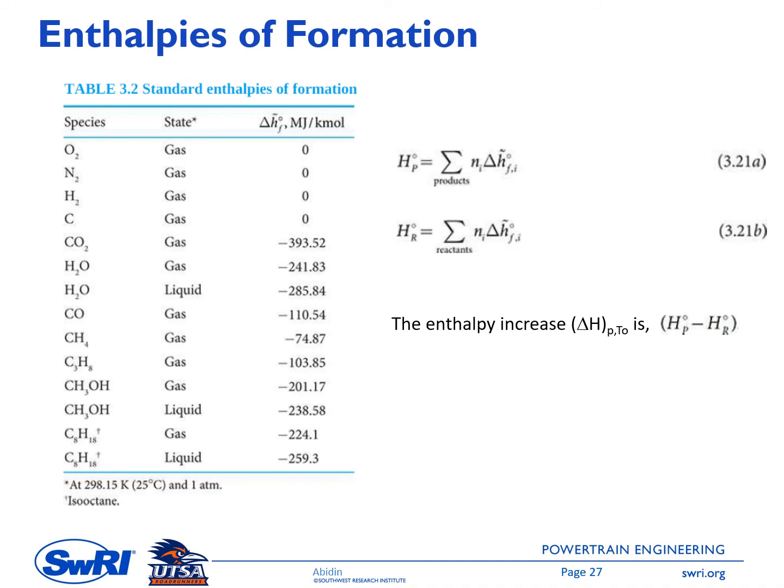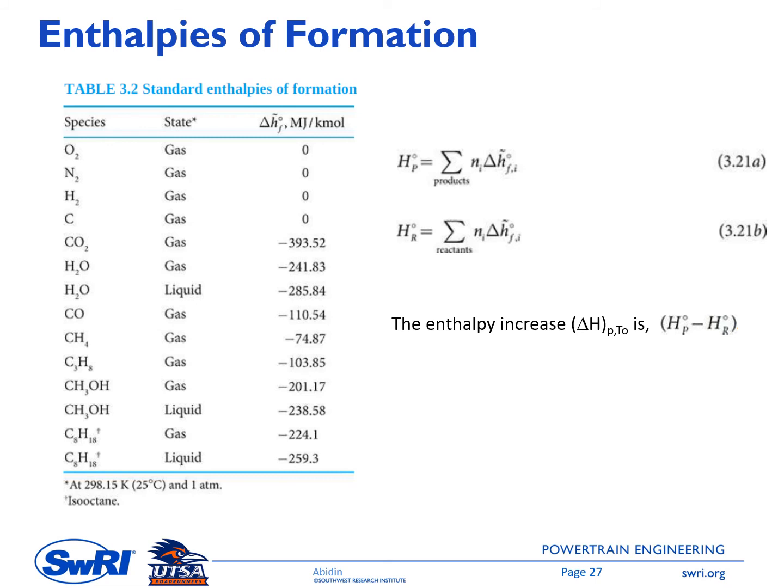For example, O2 has a 0 enthalpy of formation, and N2 as well, H2, and C, they have a 0 enthalpy of formation, and CO2 has a minus 393.52 megajoule per kilomole enthalpy of formation.